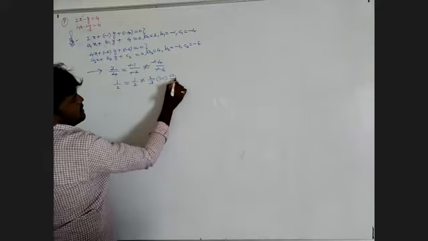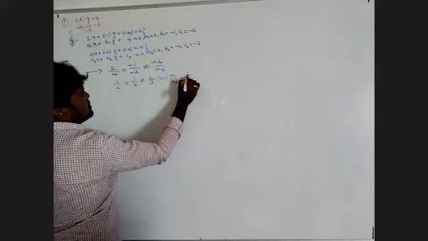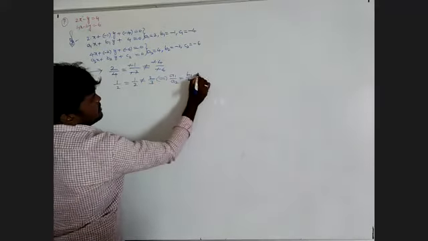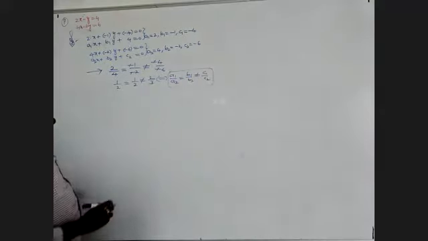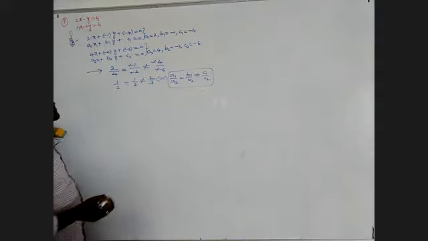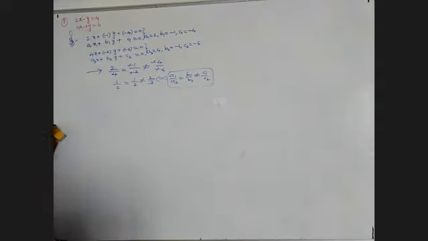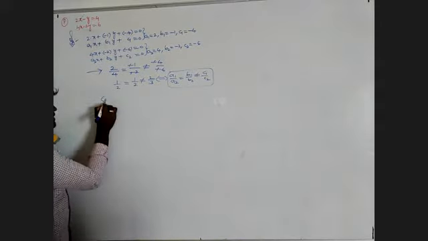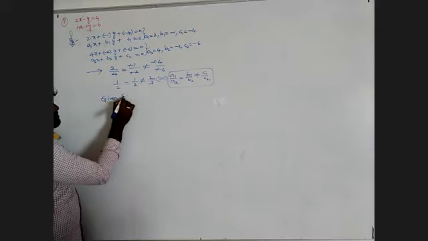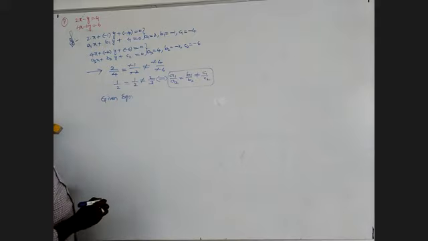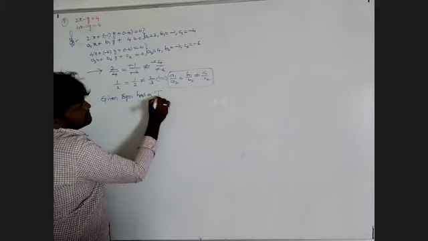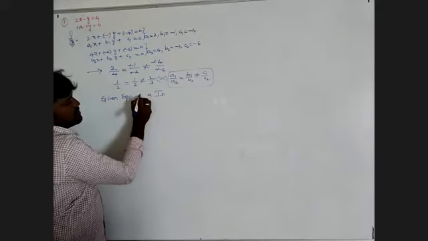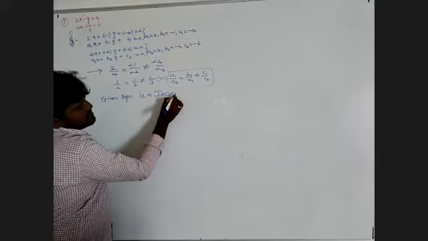This we compare with a1 by a2 is equal to b1 by b2 does not equal c1 by c2. Here it satisfies the given condition. a1 by a2 is equal to b1 by b2 does not equal c1 by c2 means the given equation is inconsistent.